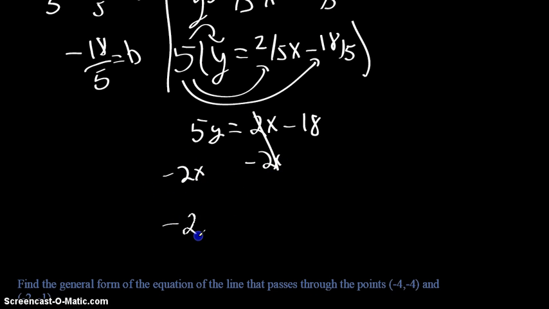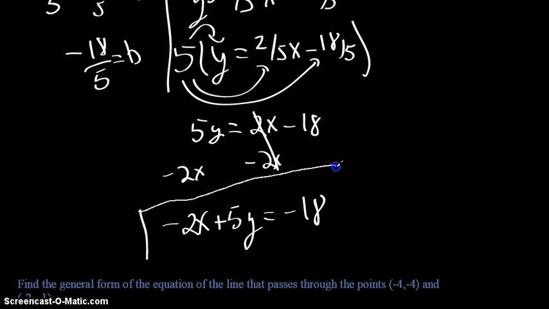I get -2x plus 5y equals -18. And then I'm done. This is in standard form. So this is my answer. And these are definitely a little bit longer. This is my answer in standard form.